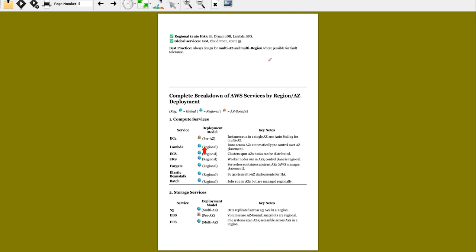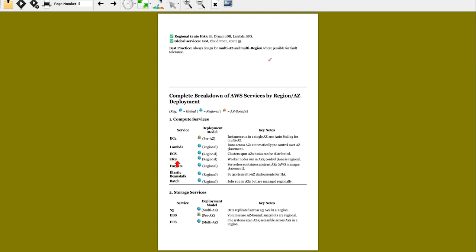Lambda is a regional service that runs across availability zones automatically. In Lambda, we don't have control over how it is placed into different availability zones, but it's automatically available. ECS, Elastic Container Service, is regional; clusters span availability zones and tasks can be distributed, right?